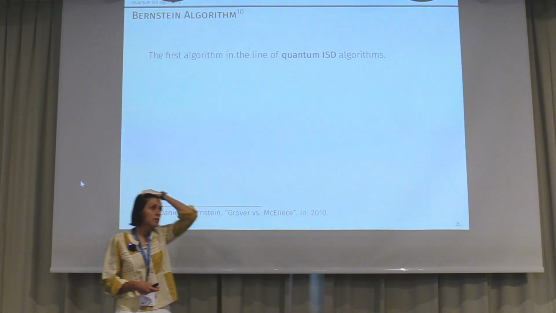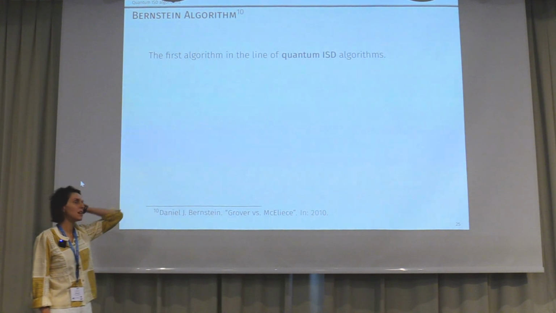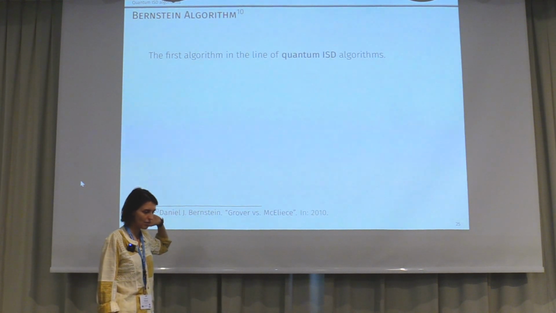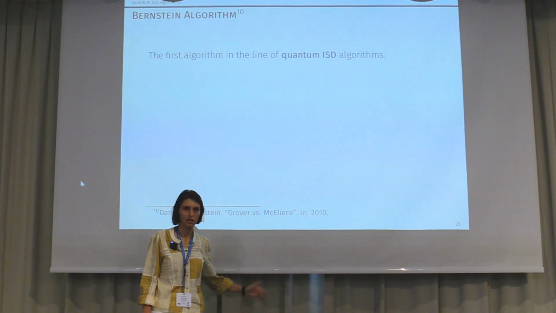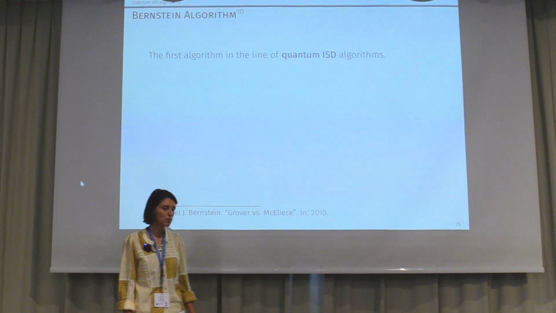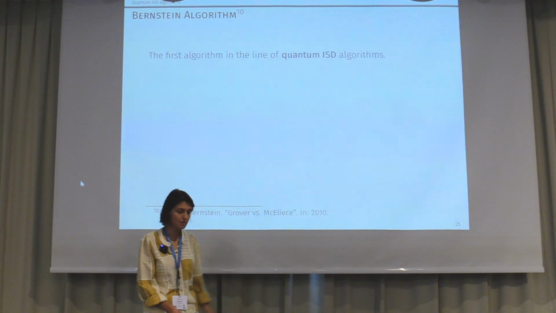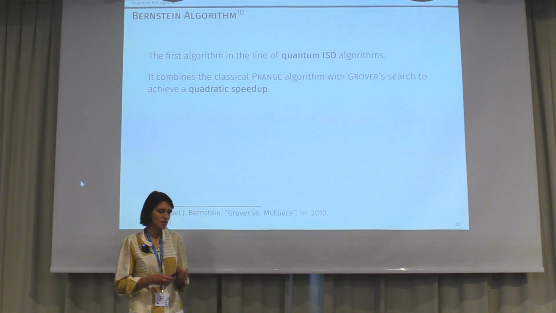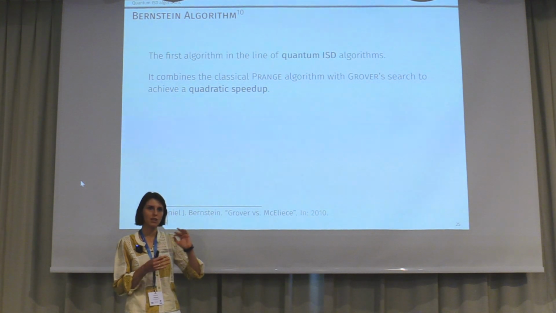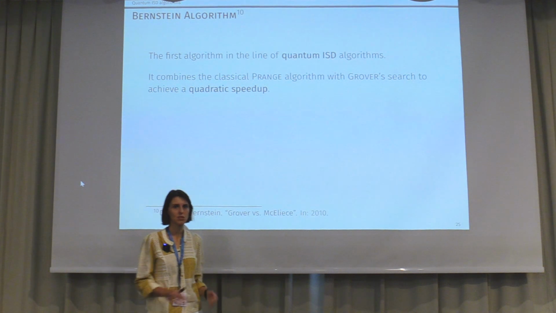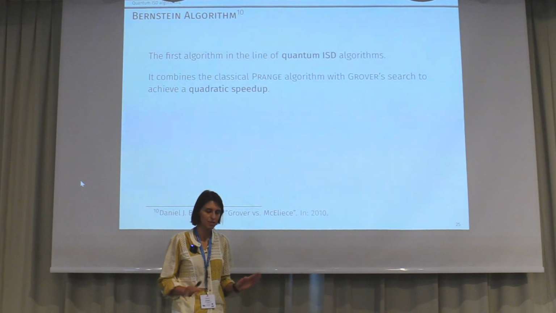The first algorithm in this line of algorithms is the so-called Bernstein's algorithm. It can be seen as a very straightforward analogy of the initial classical ISD algorithm, a quantum equivalent of the Prange algorithm. It literally uses a Grover search on top of the Prange algorithm and obtains the quadratic improvement. So it's as simple as it gets.